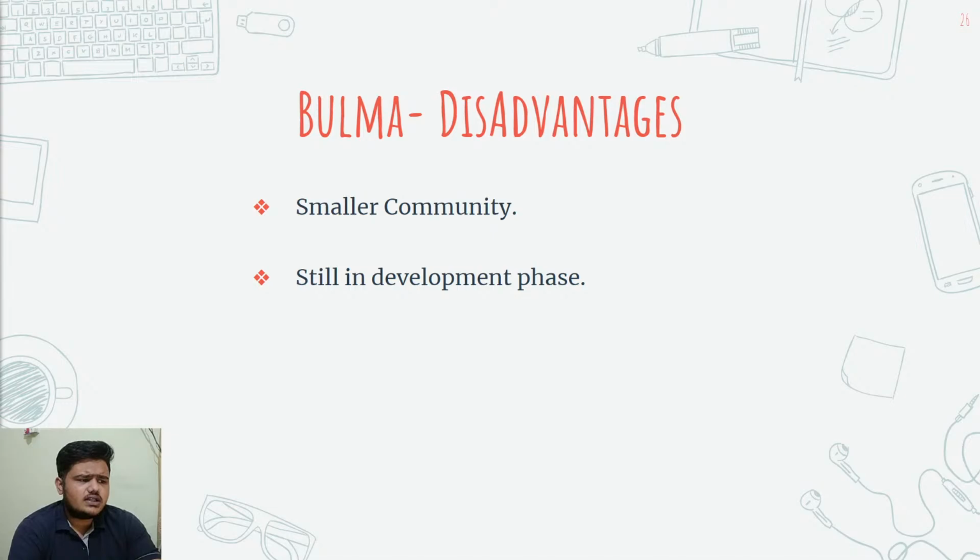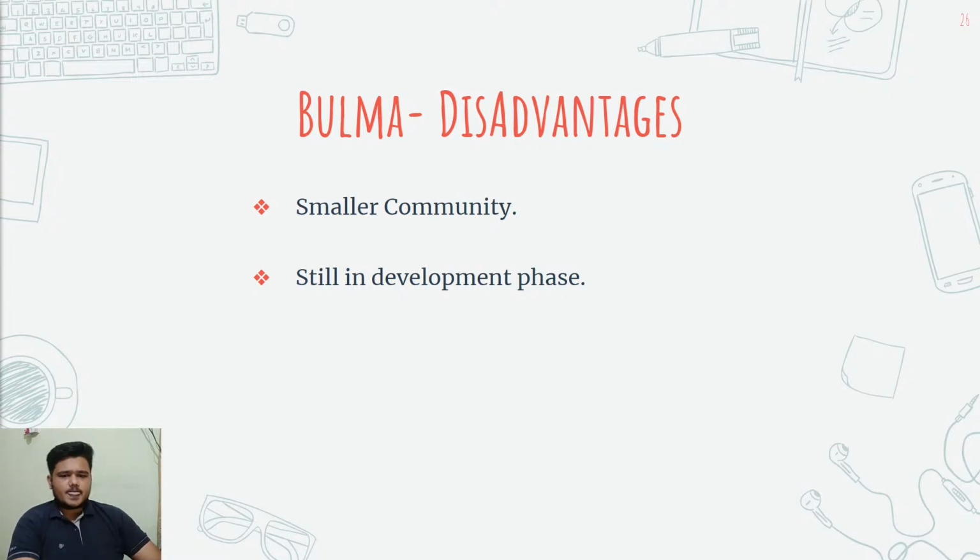So these are the two disadvantages that we came across while understanding Bulma. So now we have understood three frameworks: Bootstrap, Foundation, and Bulma. If you have any questions, please feel free to put them in chat or Discord. The link is given in the description.